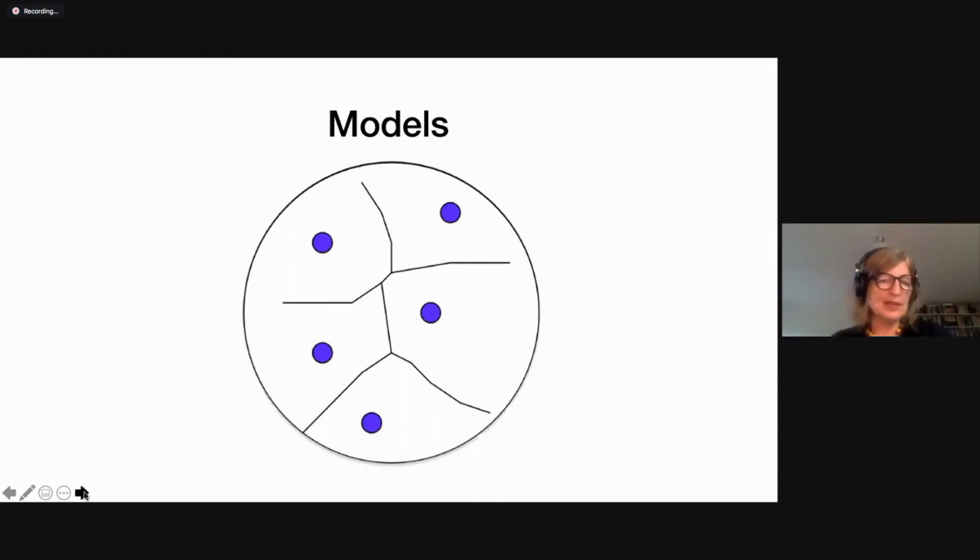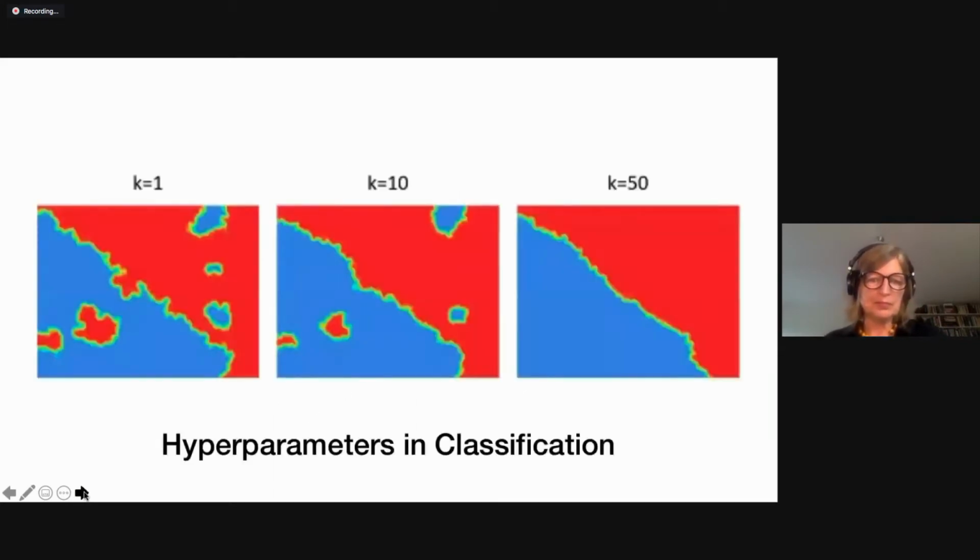This is a classification model called K nearest neighbor, and you use hyperparameters in classification.